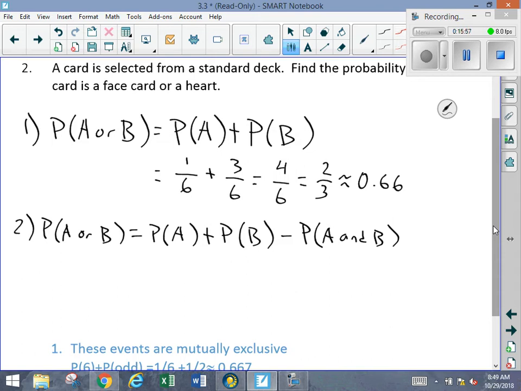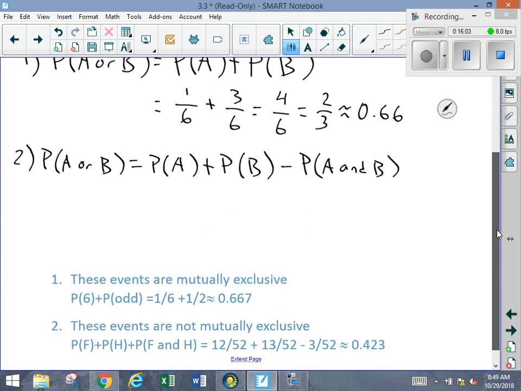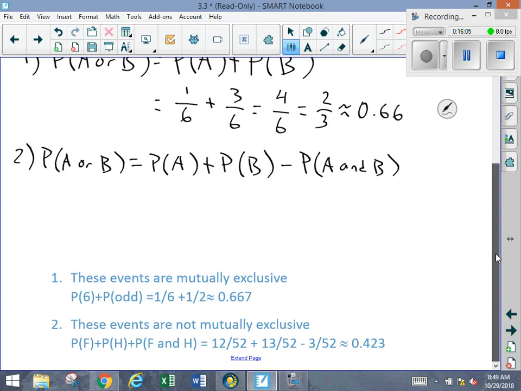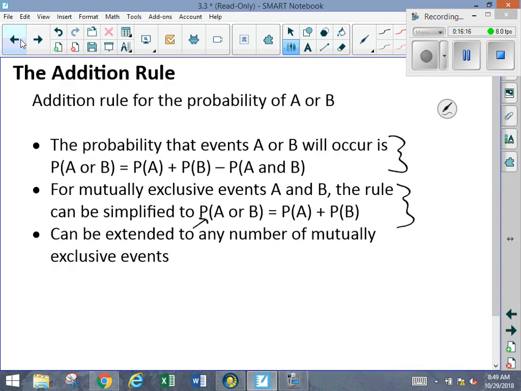So I feel like maybe drawing a Venn diagram. Let's see, we don't have one drawn for ourselves. Oh my God. Wow, okay, cool.